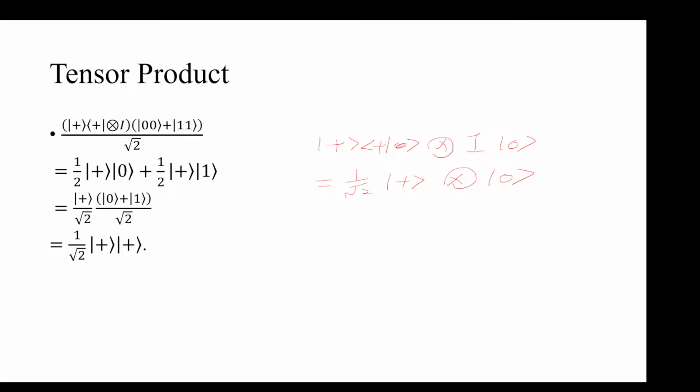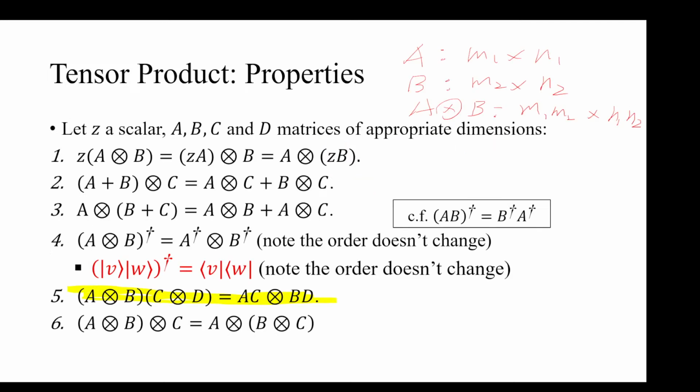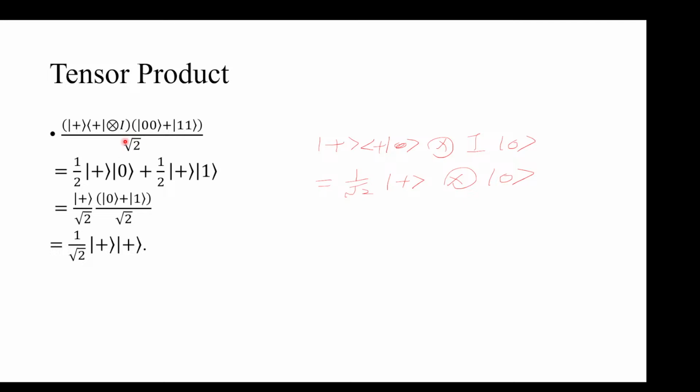So the first component is plus tensor 0, and we also have the leftover numbers: we start with 1 over square root 2 multiplying outside, and multiplied with this 1 over square root 2 we get 1 over 2.